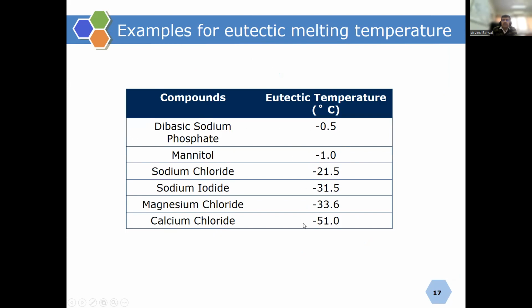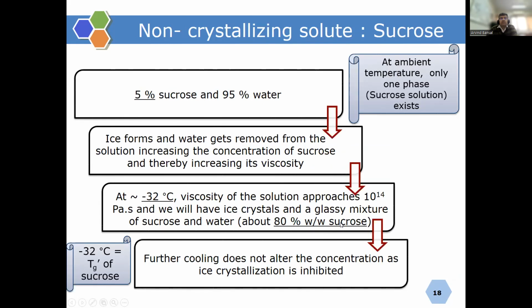And the respective eutectic temperatures of these solutes are given in the right hand side column. In contrast to crystallizing solutes, there are some solutes that will come out in the non-crystalline or amorphous form. And a common example of that is sucrose.